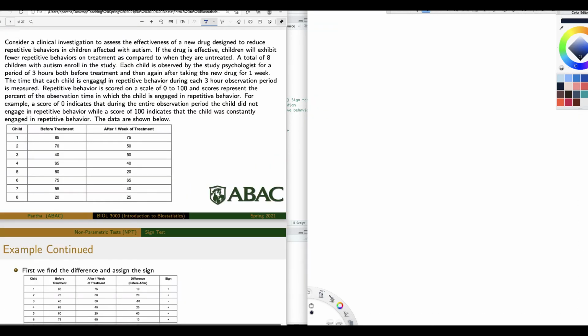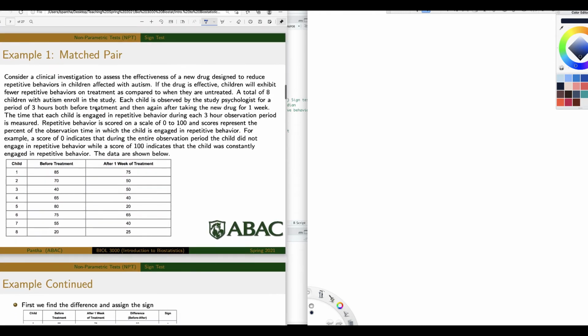All right, let us look at this example. It says matched pair example, which is Sign Test. Consider a clinical investigation to assess the effectiveness of a new drug designed to reduce repetitive behavior in children affected with autism. If the drug is effective, children will exhibit fewer repetitive behaviors on treatment as compared to when they are untreated.